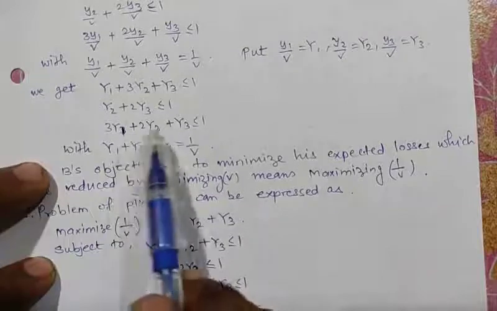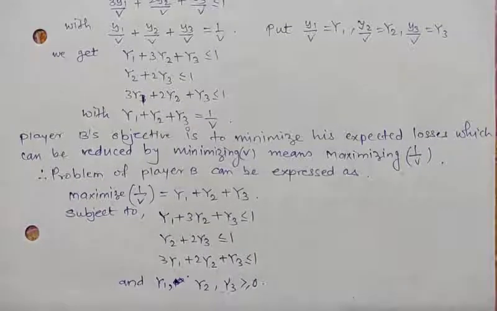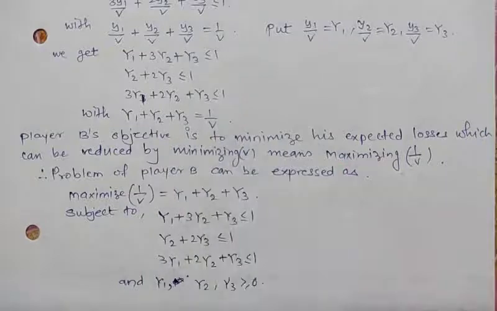Here Y1, Y2, Y3 must be greater than or equal to 0. This is the constraint set for player B, and this is the dual of the previous problem, right?